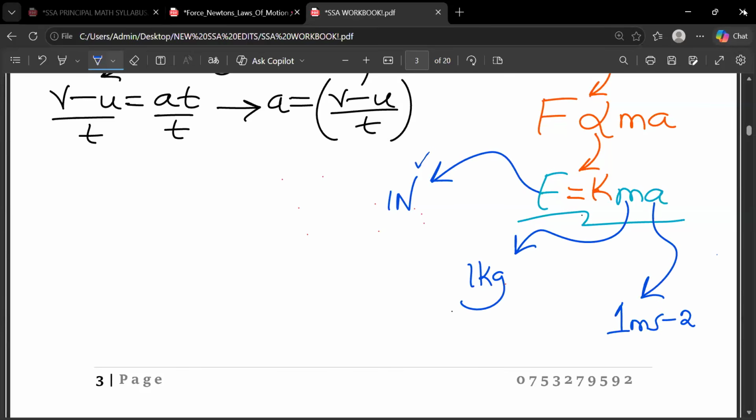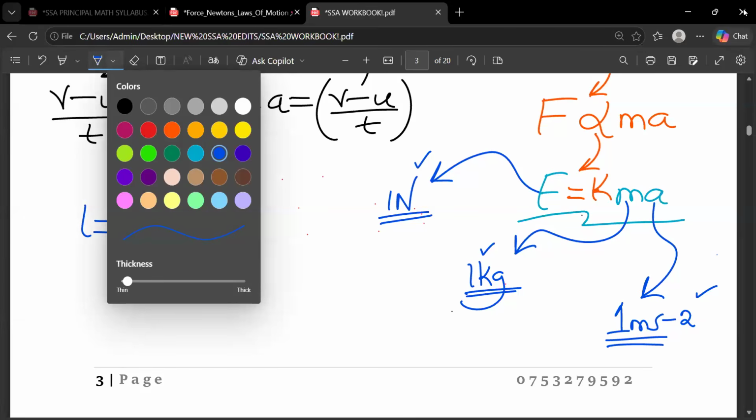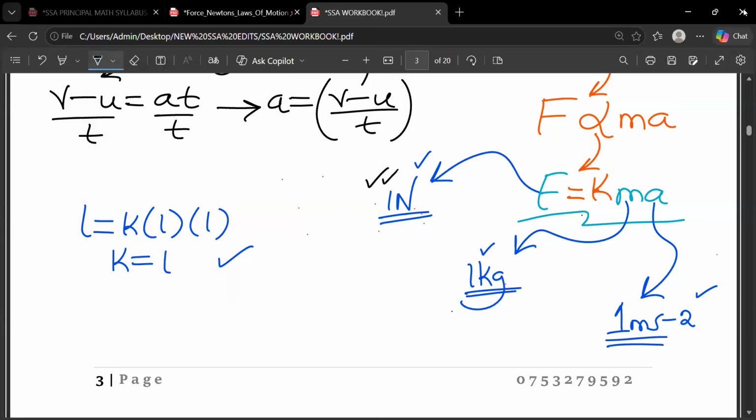I taught you all these units in linear motion, so don't expect me to say a lot about them. So people, because 1 equals K times 1 times 1, the K turns out to be what? A 1. Don't think that we have just let these values be 1 throughout. No, we have just gotten this from physics: according to physics, when a force of 1 Newton acts on a body of 1 kilogram, it produces an acceleration of 1 meter per square second, or that body accelerates at that rate.